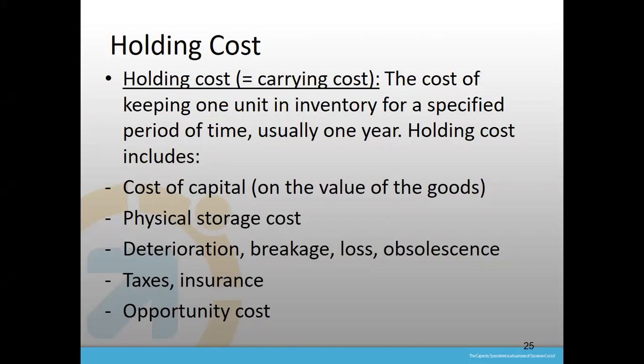And then the car company told them they will discontinue this model because the customers don't buy it, so they won't produce it anymore. He says, I have all these plastic parts. I can't do anything else with them. Yeah, bad luck. That's obsolescence. So you keep it on stock and then suddenly nobody wants it anymore. That's cost. And then, of course, we have taxes, insurance, and we have opportunity cost, meaning what else could we have done with the money?